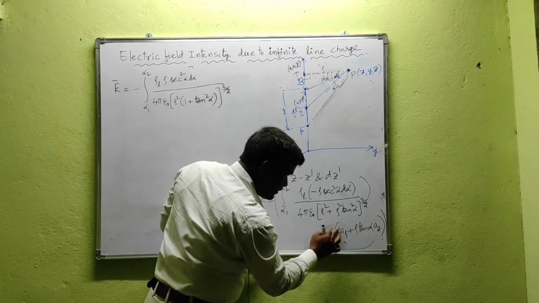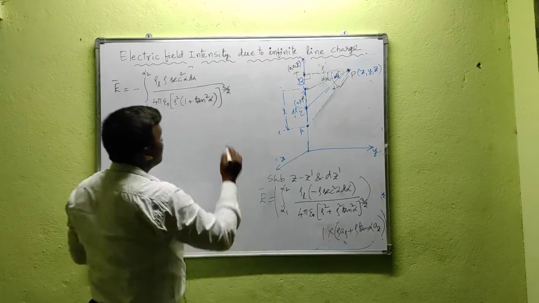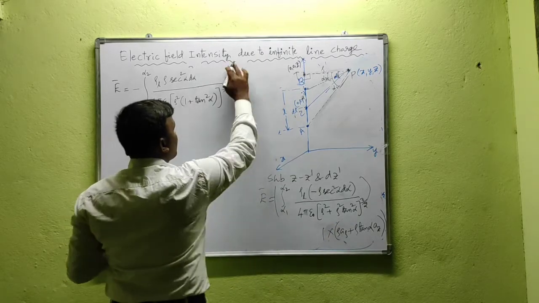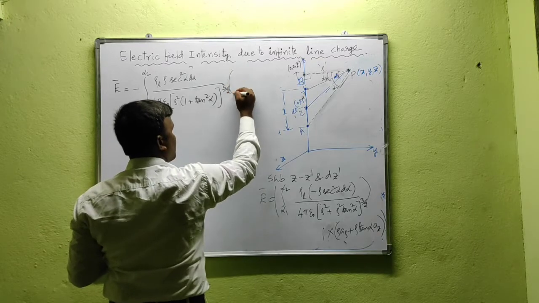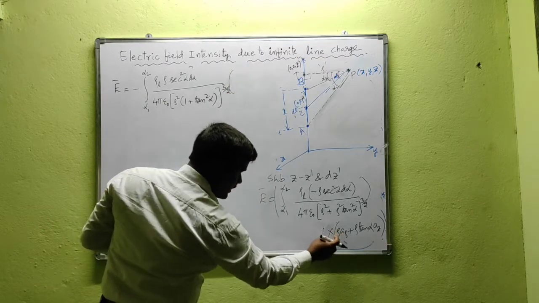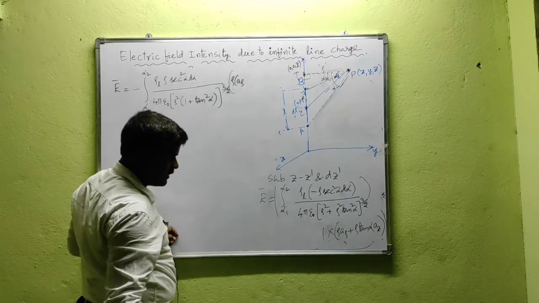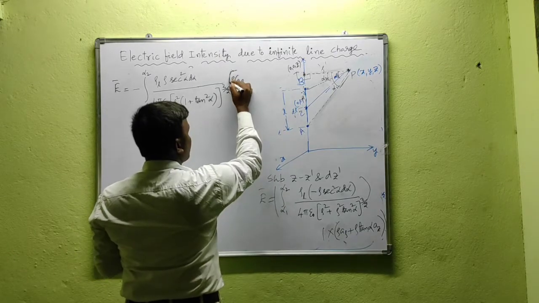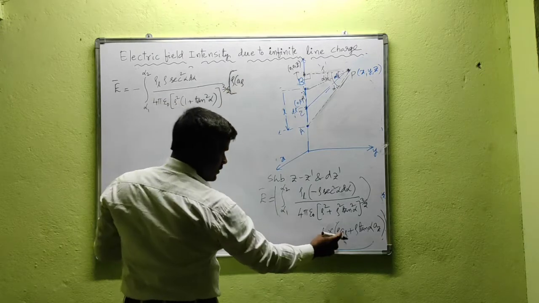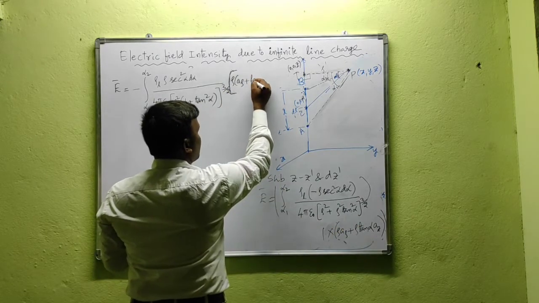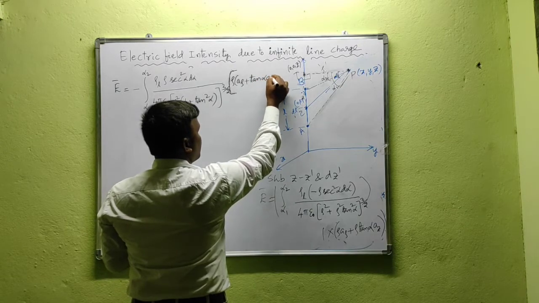Means what? I can take this rho as common, so take rho as common here, rho into a rho, remaining part is what? If I take rho as common, remaining part is tan alpha into az.